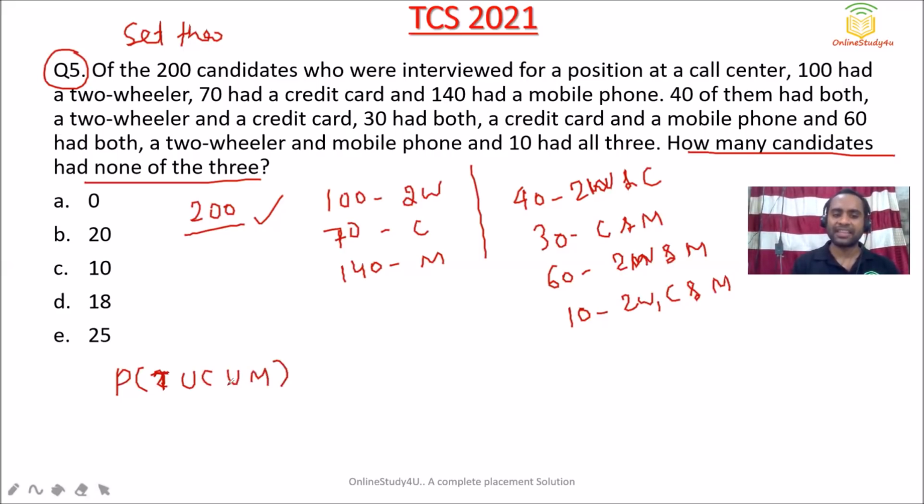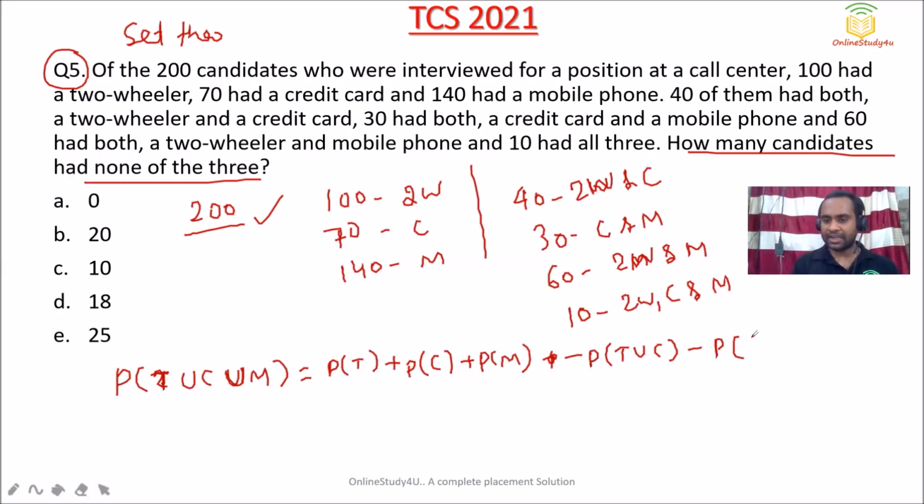P(T union C union M) will be equal to P(T) plus P(C) plus P(M), minus P(T and C), minus P(C and M), minus P(M and T), plus P of the people who have two-wheeler, credit card and mobile.